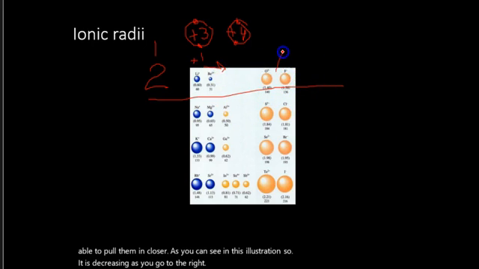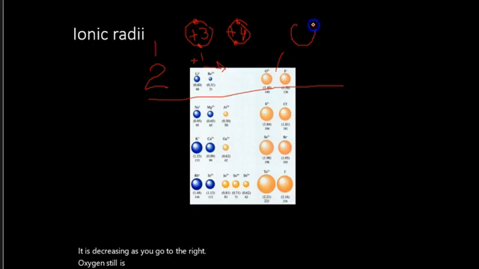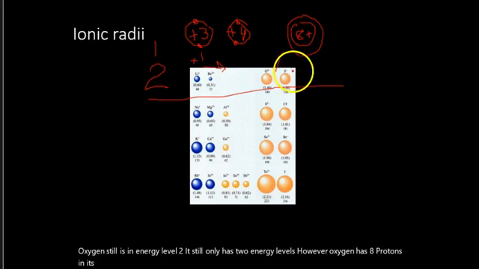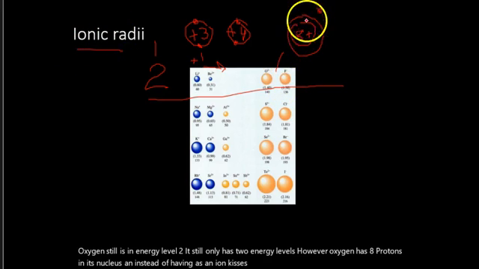Oxygen still is in energy level 2. It still only has 2 energy levels. However, oxygen has 8 protons in its nucleus. And as an anion, because this is ionic, it has 10 electrons.